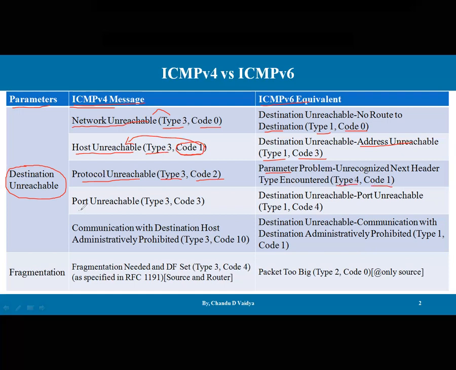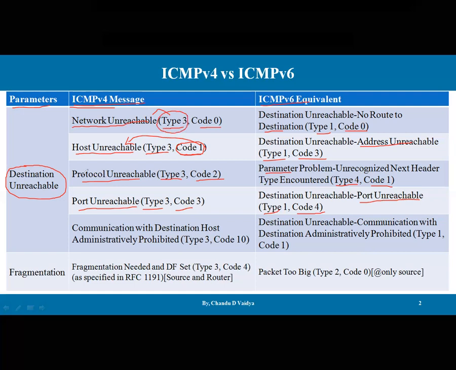If we talk about port unreachable, type 3 is the default for every destination unreachable, but the code is 3. And destination unreachable, port unreachable in ICMP version 6 is type 1 and code 4. The type is the main category of that kind of message.